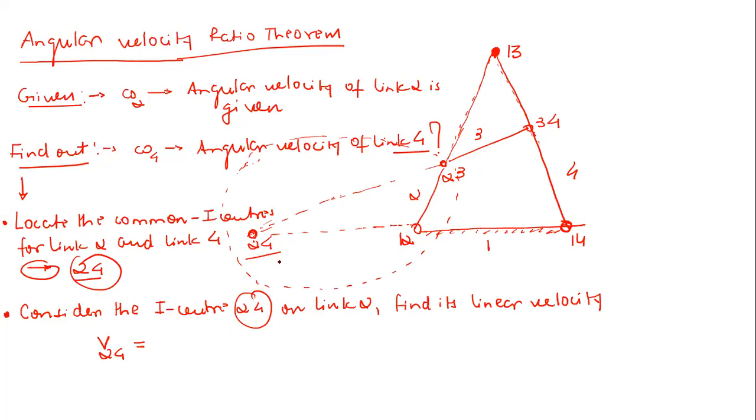At the same time, if you observe, this link 2 is also connected to the instantaneous center of rotation 1, 2. Now tell me how you are going to find the linear velocity if this omega 2 is given. This is very easy. Did you get my question?